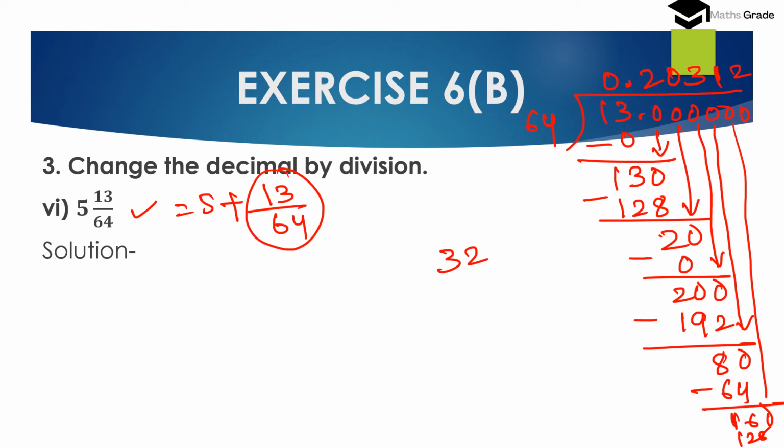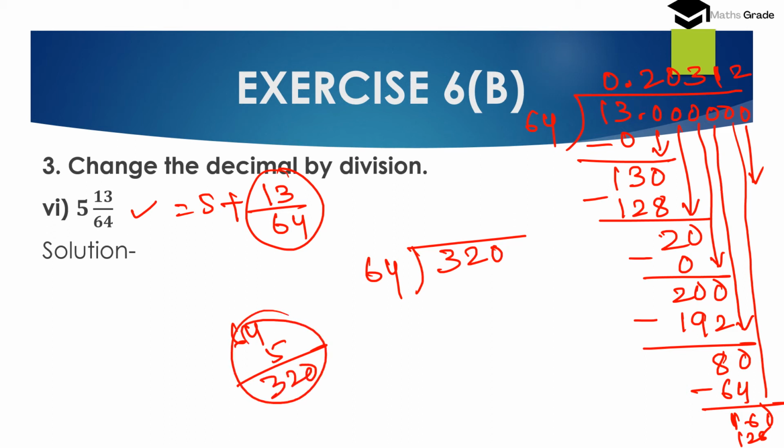Now write one more 0 here, and divide by 64. Now in the table of 64, if we multiply 64 with 5, 5 6 is 30, and 5 4 is 20, so 320. So 64 multiplied with 5 is 320.